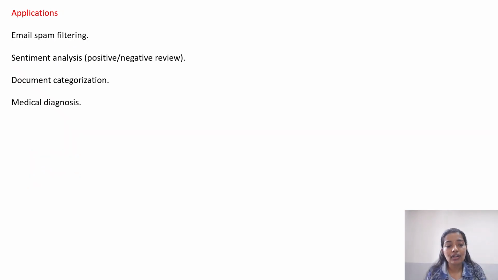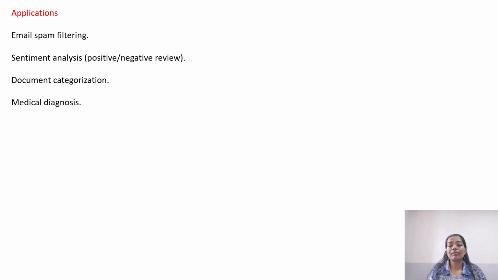Then we have some of the applications of the naive Bayes algorithm. It is a classification algorithm, so we can use it in spam filtering. We have been discussing the same example of mails from the very first session.